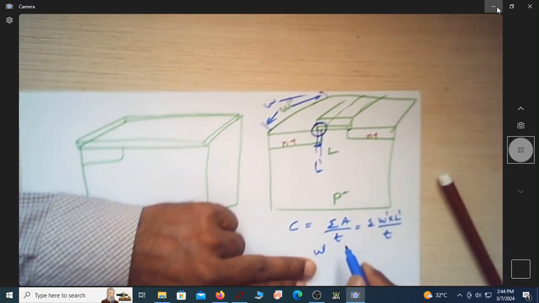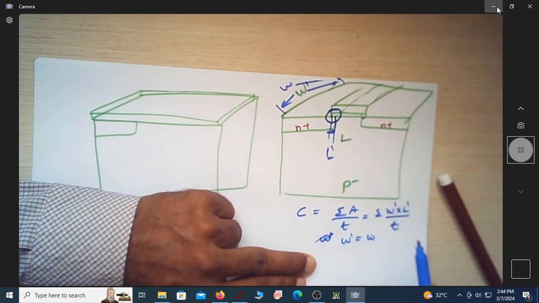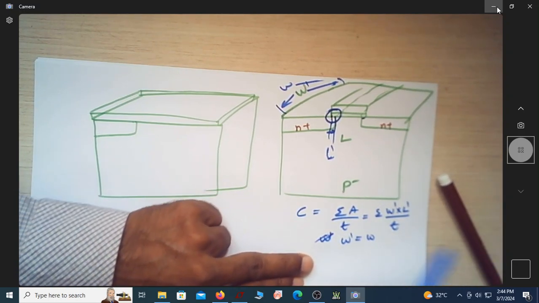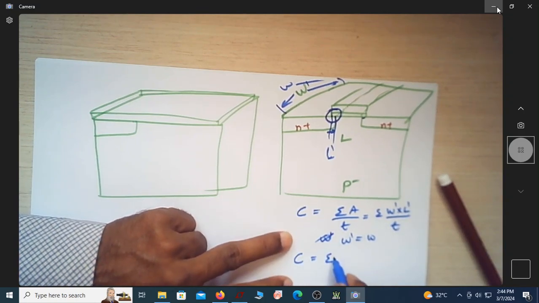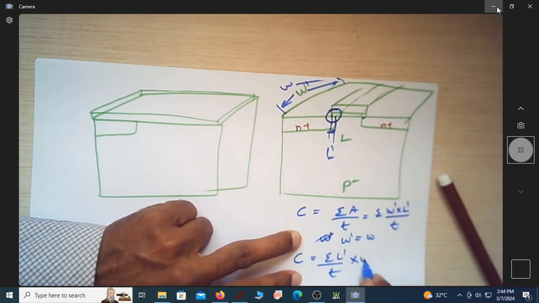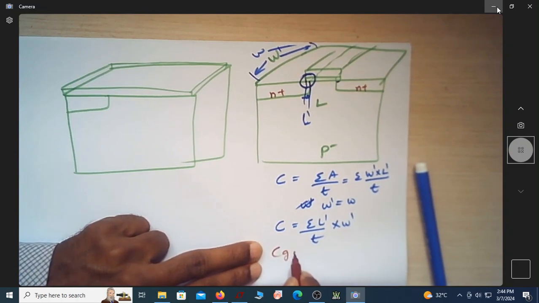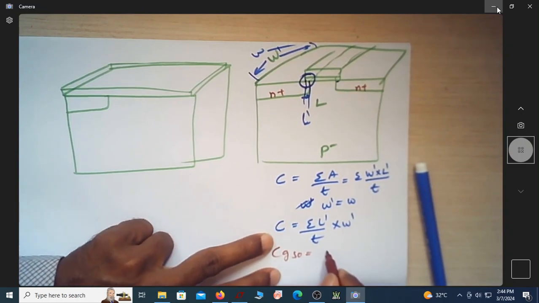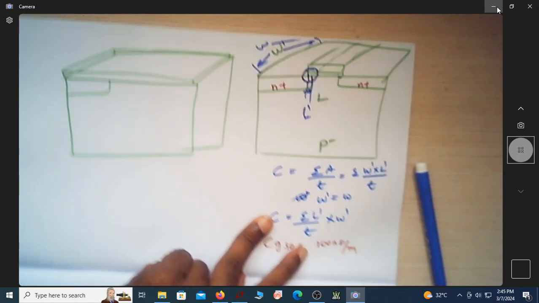This W dash is same as W. So now you have capacitance which is nothing but epsilon into L dash by T into W dash.